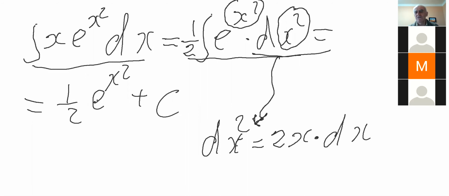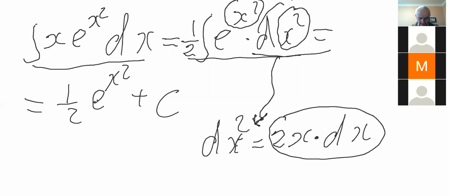Do you agree? Now imagine substituting this dx square by this expression. We will get the left side, because we can move 2 out across the integral sign, and 1/2 times 2 is 1, and we will get this side.